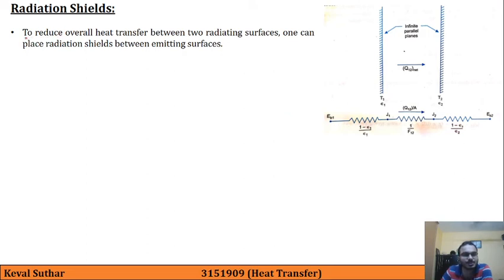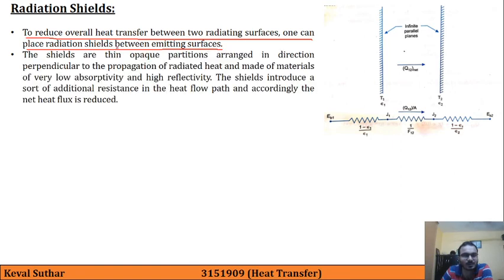Now to reduce the overall heat transfer between two radiating surfaces, one can place a radiation shield between the emitting surfaces. So what are these shields? The shields are thin opaque partitions arranged in the direction perpendicular to the propagation of radiation heat and made up of material with very low absorptivity and high reflectivity.